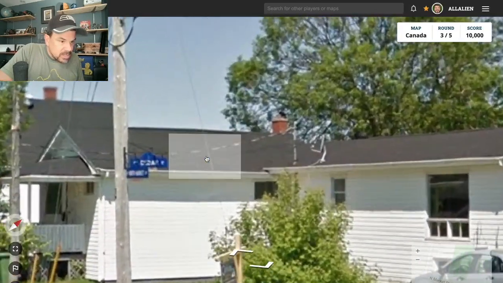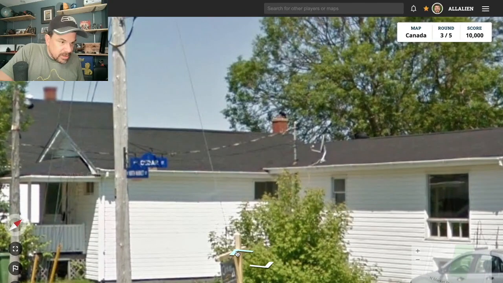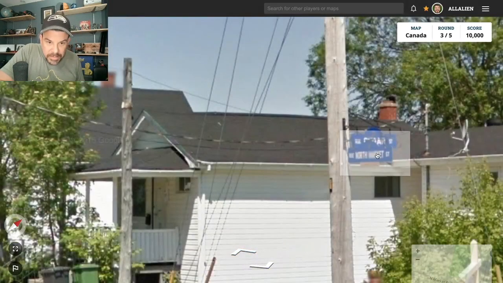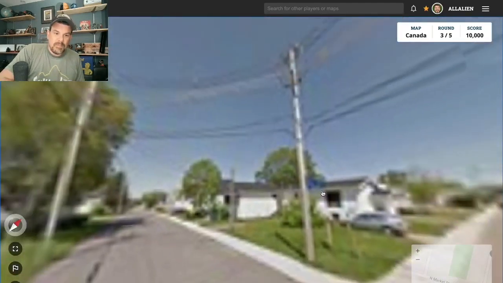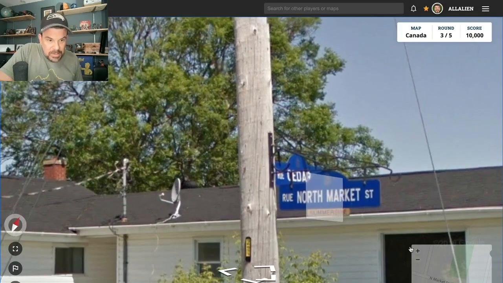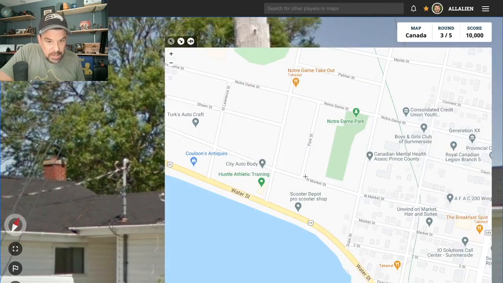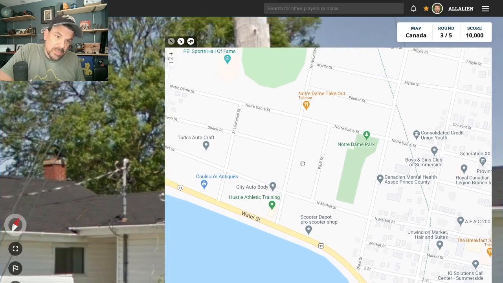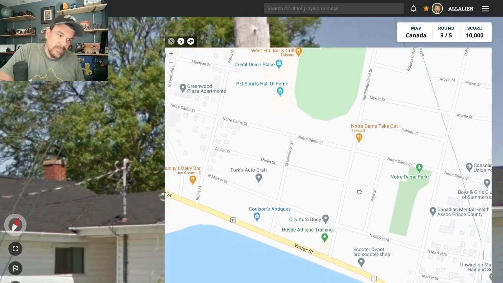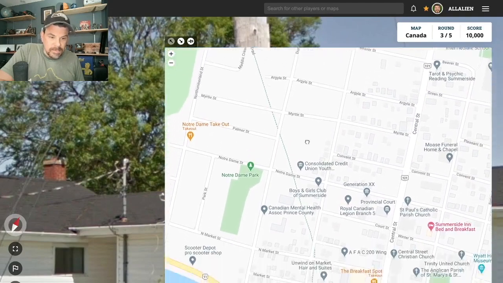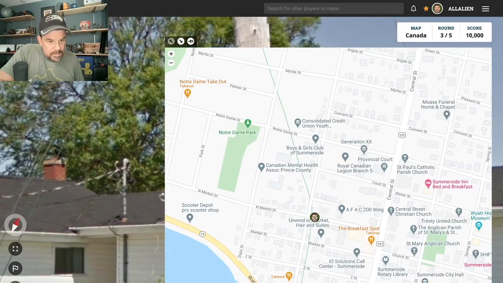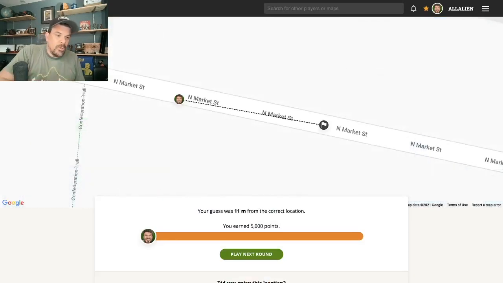Honestly, if this says Summerside there, I'm going to be a little angry at myself. I'm going to say it's too blurry for me to have made out, but we are at Cedar and North Market. It was right there for the looking. Cedar and North Market. Here's North Market, and where is Cedar? There we are.